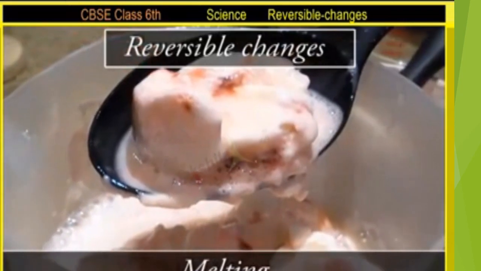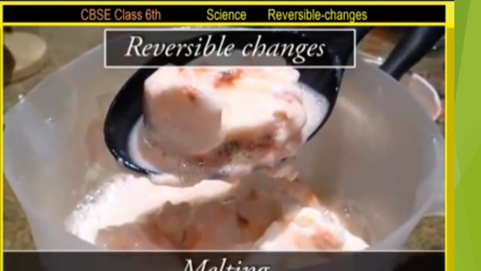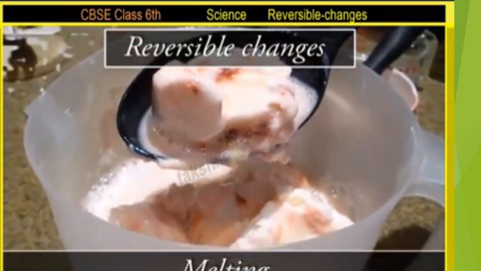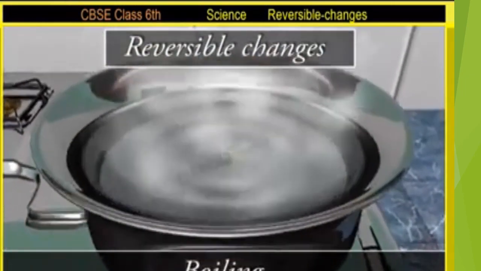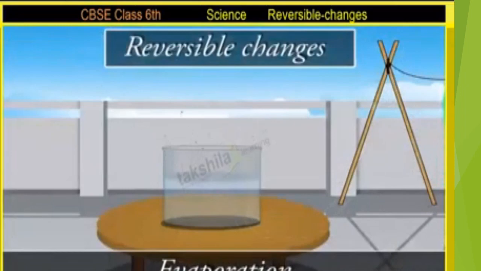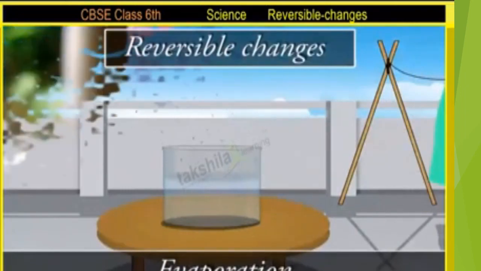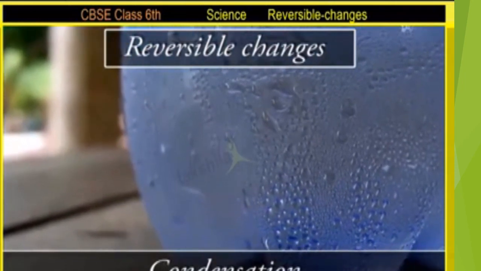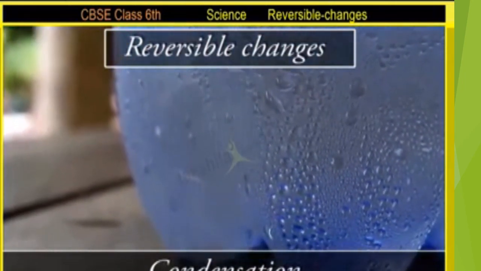Melting is an example of a reversible change. Boiling, evaporation, and condensation are all examples of reversible changes.